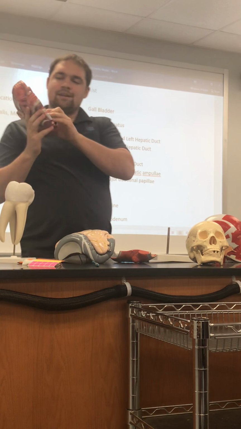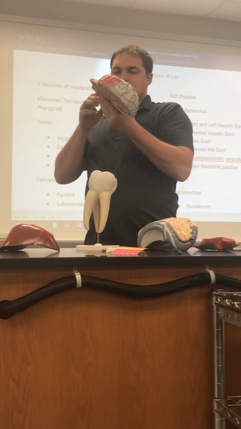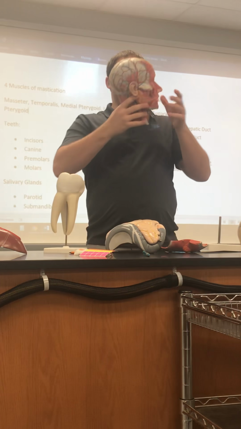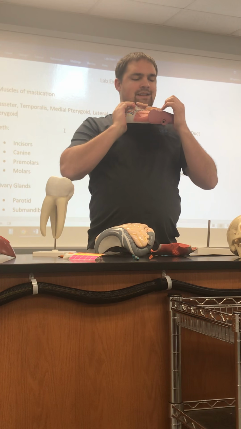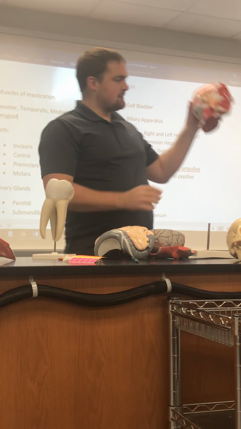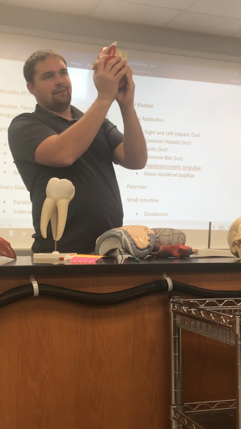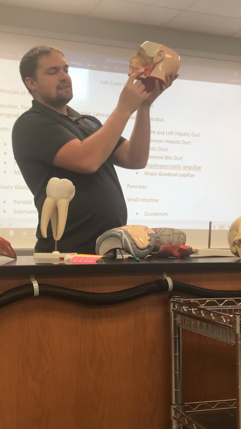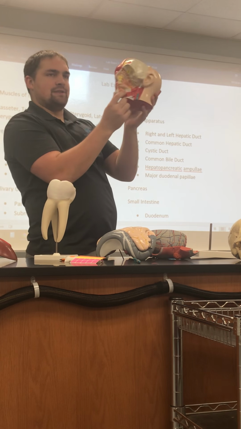Right. Sublingual, we don't see that on this one very well. So on this model, we see our parotid and our submandibular. On this model, we see parotid, submandibular, and sublingual. So we can identify all of those.